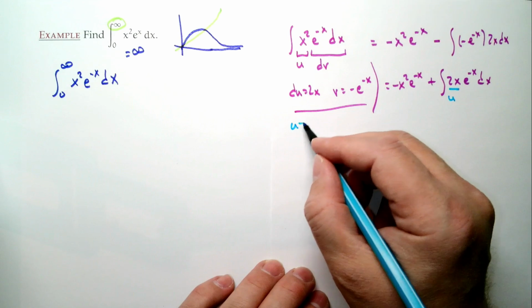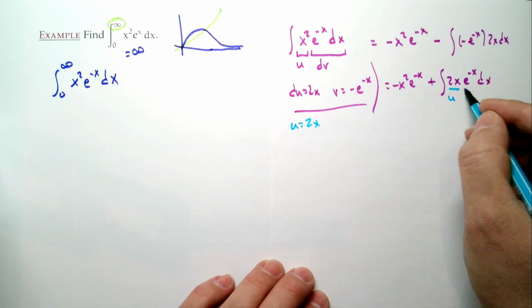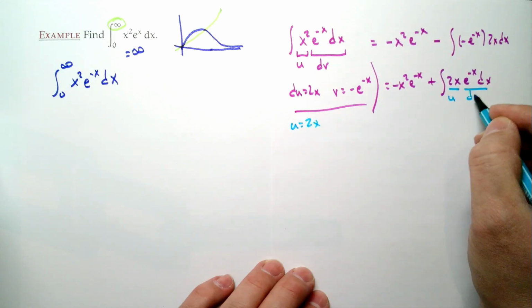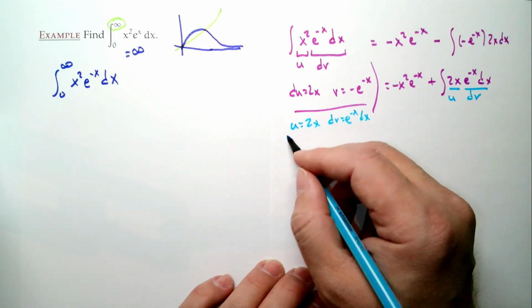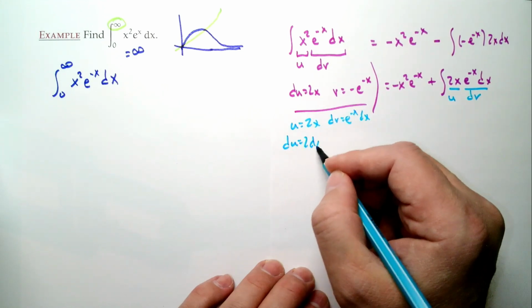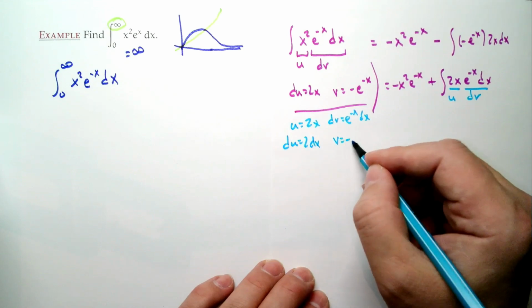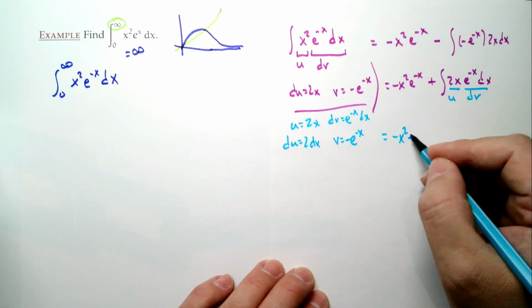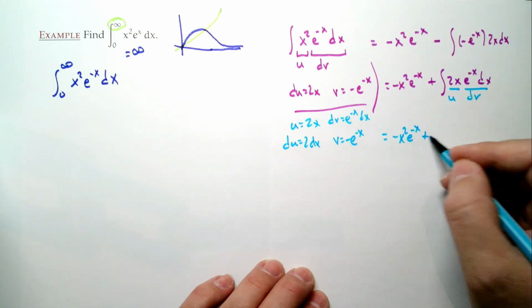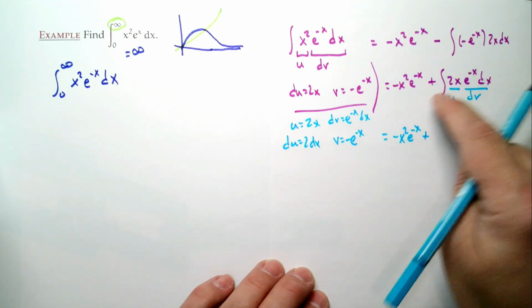So we have u equals 2x and e to the minus x, that's still our dv. dv is e to the minus x dx. That says du is 2 dx, and v is minus e to the minus x. All right, so minus x squared e to the minus x plus, and since it's plus, I really don't need a parenthesis.